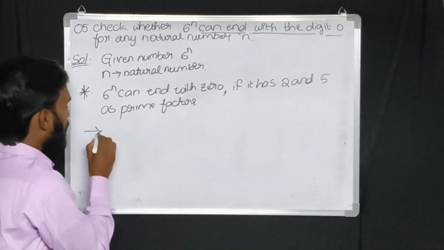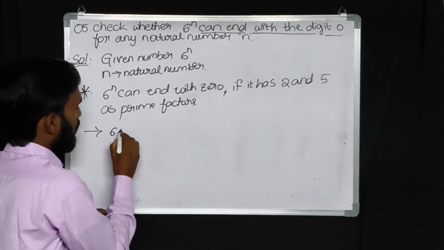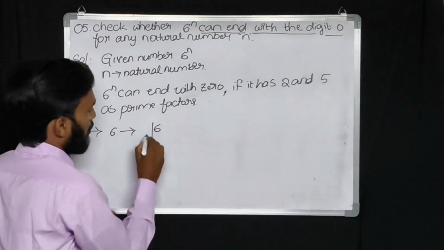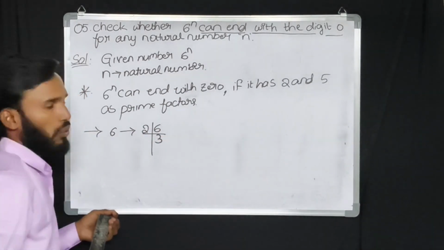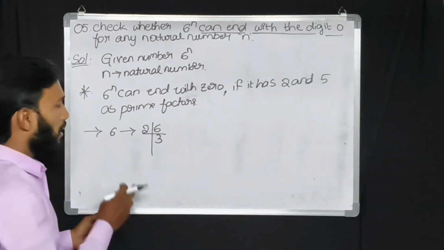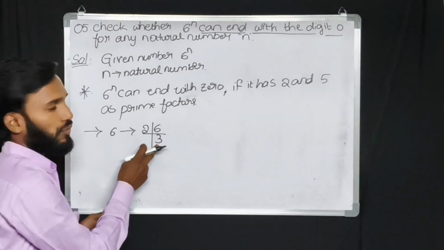Now, what are the prime factors of 6? 2 and 3. But here we have 2 but not 5.